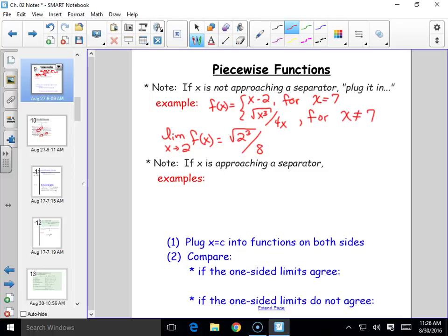Then root 2 over 8, so that would be root 2 over 4. Can we do that? No, because you can pull out a 4 and do it the other way as well. We could also say 2 root 2. So that'd be root 2 over 4.